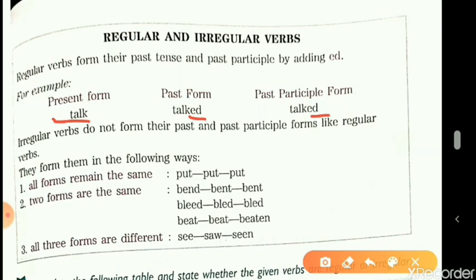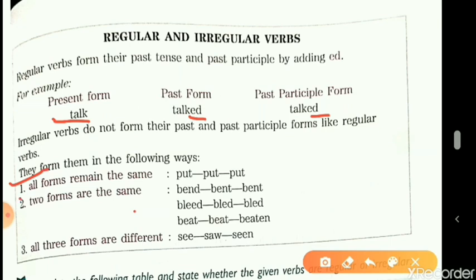Whereas students, the irregular verbs do not form their past and past participle forms like regular verbs. They form them in the following ways. The first way is all the forms remain the same, that is put.